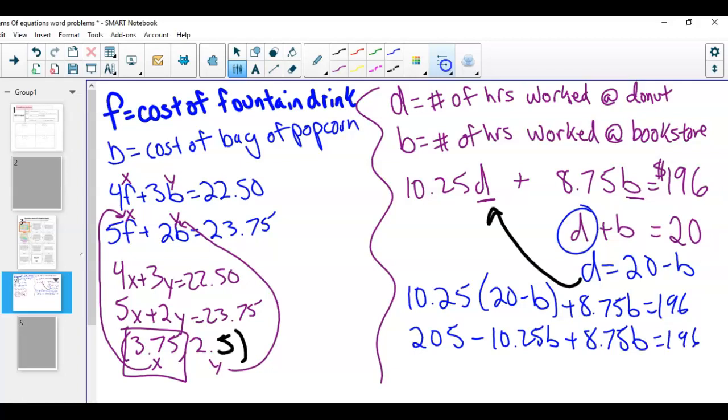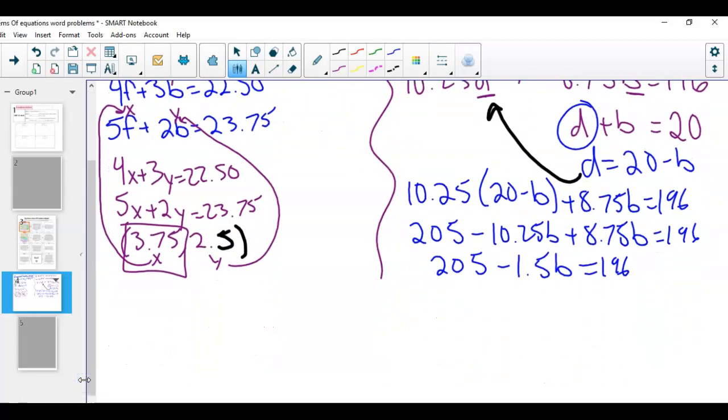I could combine my B's to get negative 1.5B and then get rid of my 205. And my last step would be to divide.